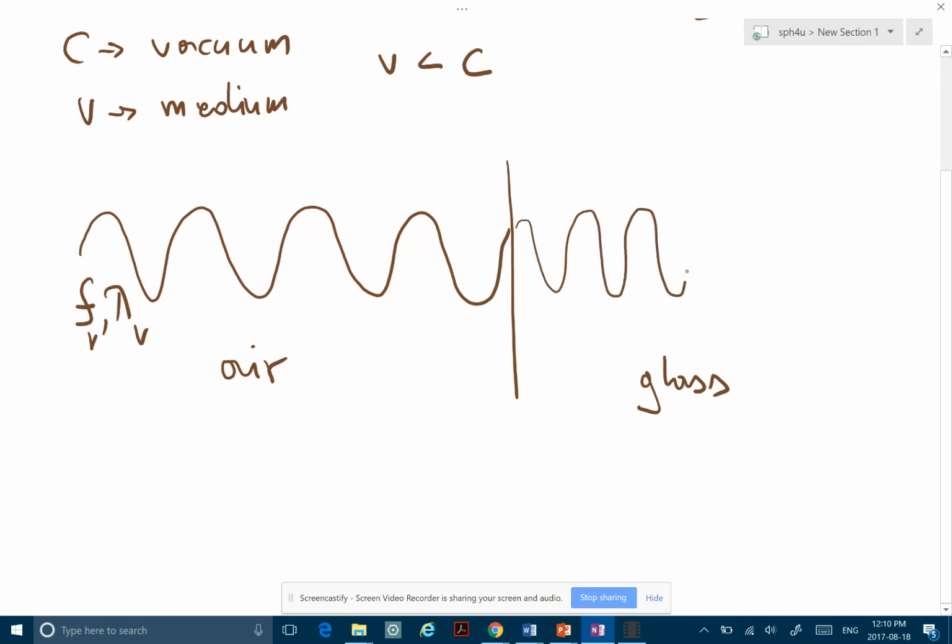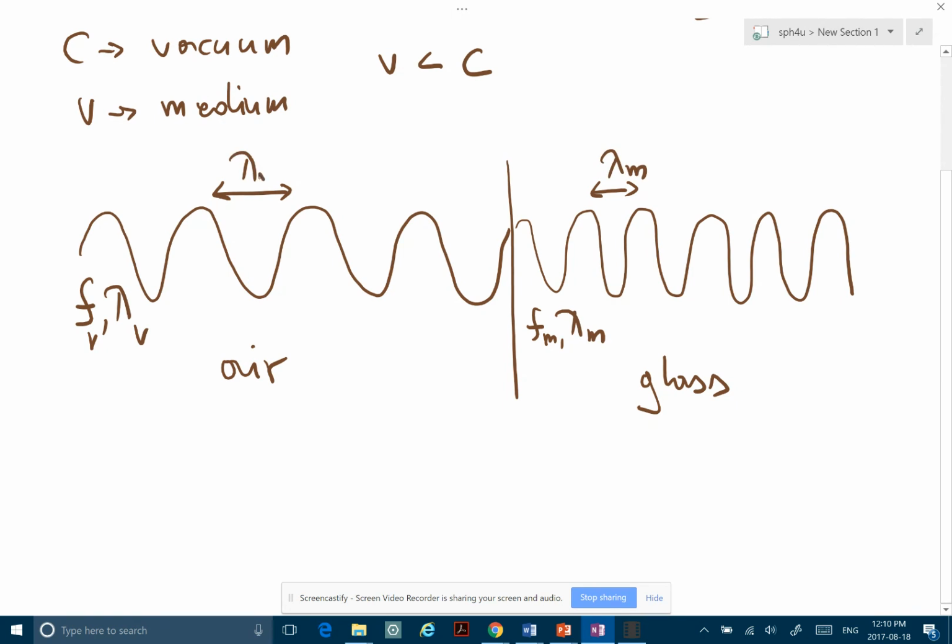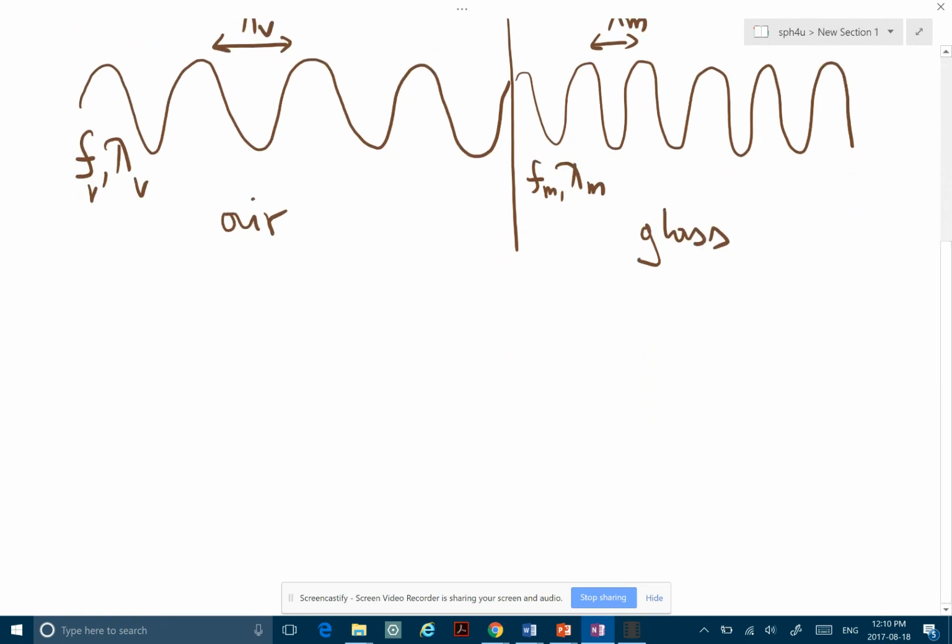That slowing down means that this disturbance will travel slower. So there's going to be a frequency through glass, let's call it medium, and a lambda through this medium, okay? The only thing that will change is the wavelength, all right? This is lambda in vacuum, that's lambda in medium.